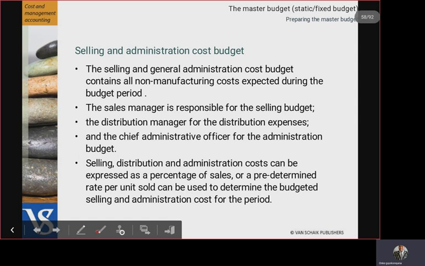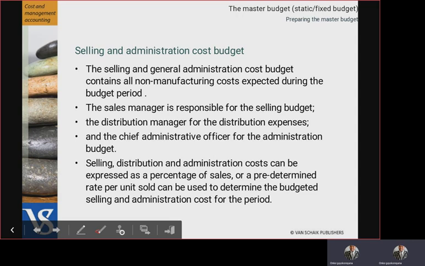The next budget that we are going to talk about is your selling and administrative cost budget.